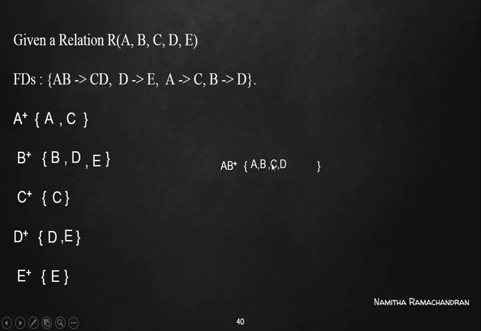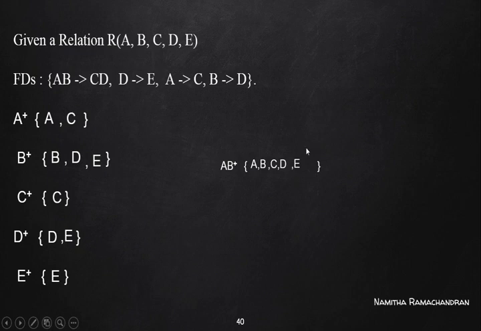So we can include C and D with the help of this particular dependency. Now A, B, C, D are available here. And if we know the value of D, we can derive the value of E also. So with the help of this dependency, we can add E to this closure set.